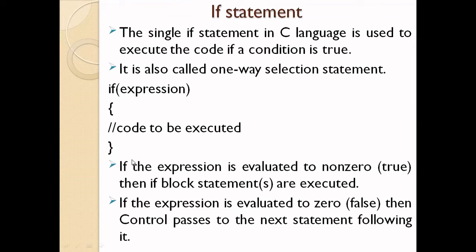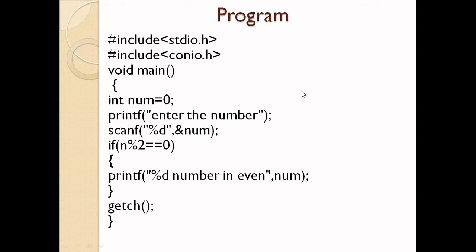Otherwise, it will come out of this and not execute anything. If it is true, it will execute the code. If it is false, it will not execute anything. That is called the if statement. This is called a one-way selection statement. If it is true, it will execute the true block statement. Otherwise, it will not do anything.